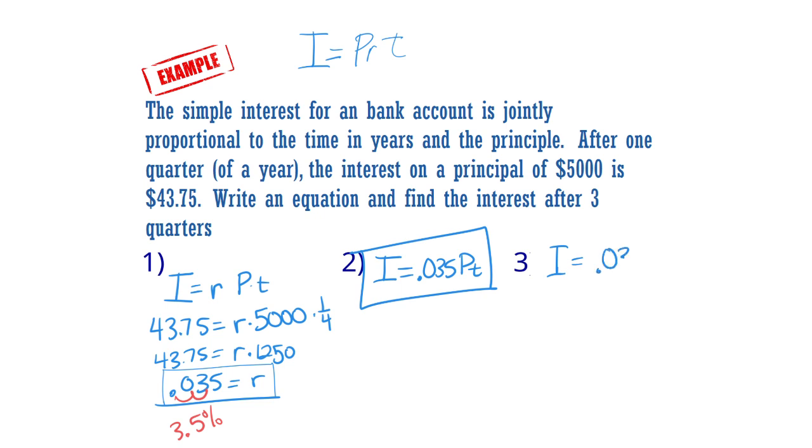I'm going to do 0.035 times the $5,000. And then after 3/4, I'm going to put in a 3/4 or a 0.75, however you want to do that. And we're just going to multiply that all together. And we get $131.25. Okay, and don't forget your dollar sign.